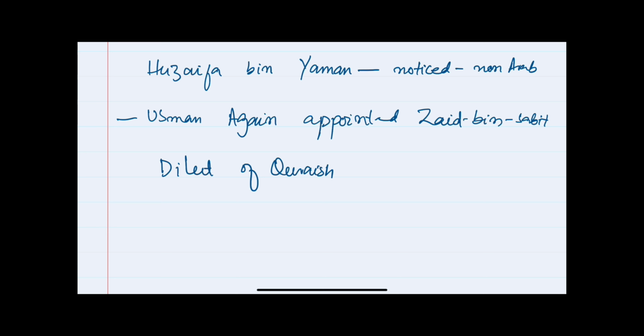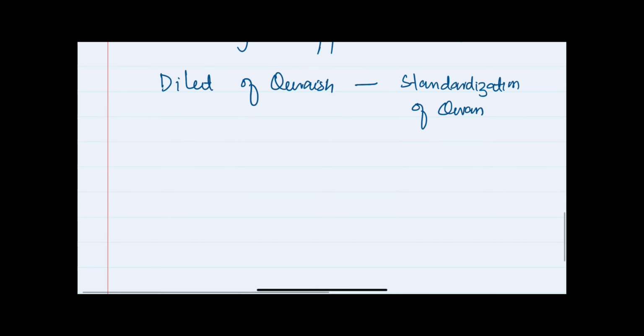That is why his age is also known as the standardization of the Quran. In Arabic, he is also known as Jame-ul Quran, which means he gathered the whole Muslim community on a single recitation of the Quran.